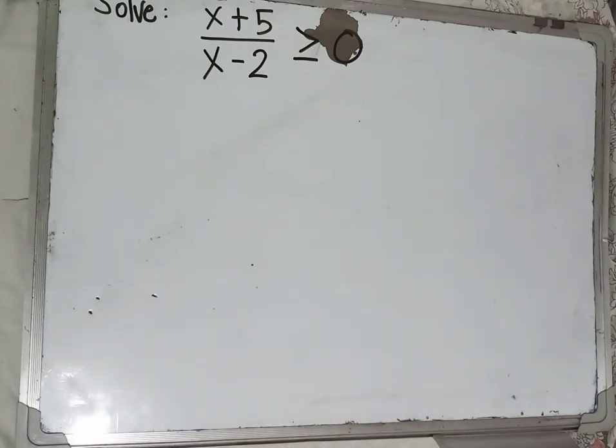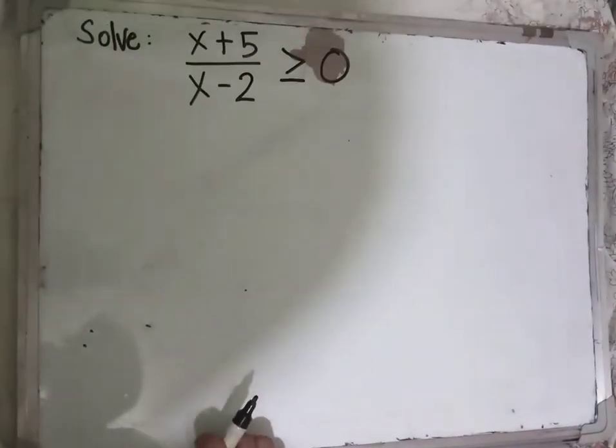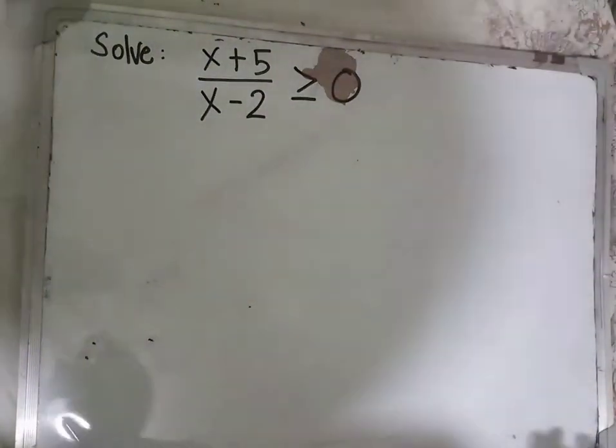Ano ba yung meaningful numbers? Meaningful numbers are numbers that make the numerator and denominator equal to 0. So, hanapin natin yung meaningful numbers based on the given inequality.